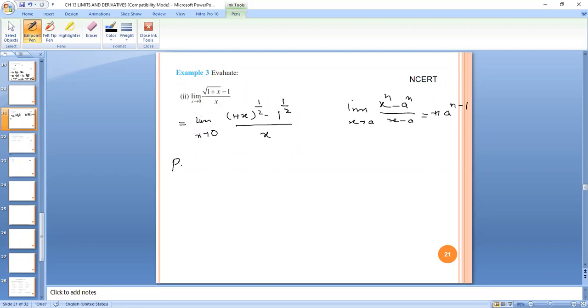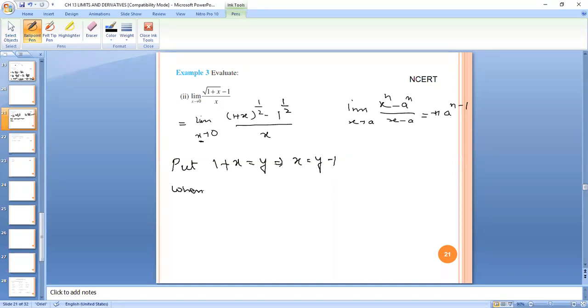So put 1 plus x is equal to y, which implies x is equal to y minus 1. Also, if we are changing x to y, the limit x will also change to limit y. What will be the value of y when x is 0?